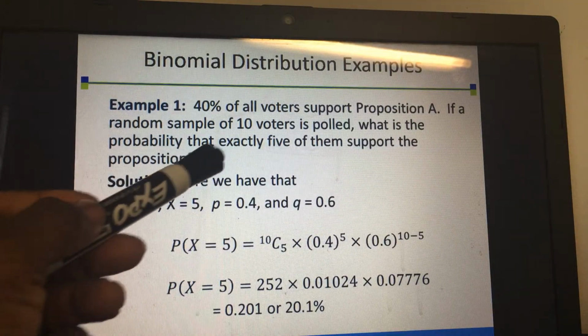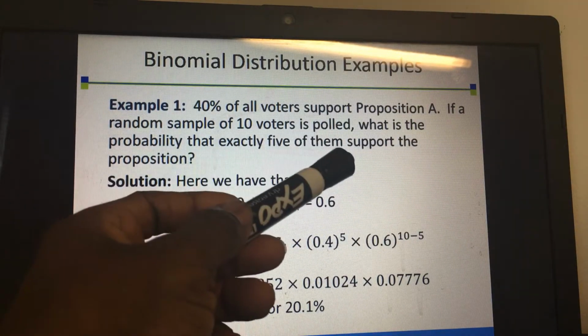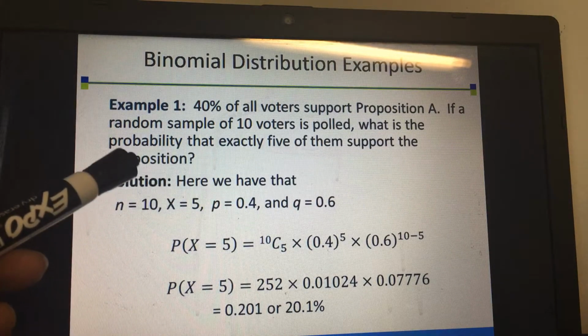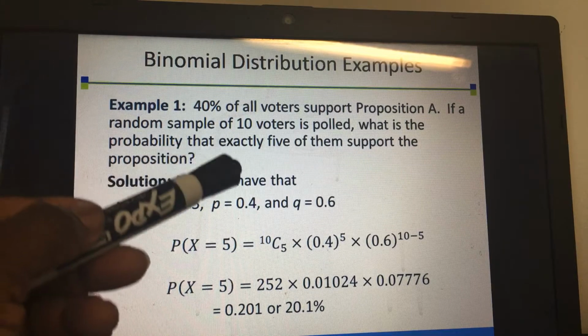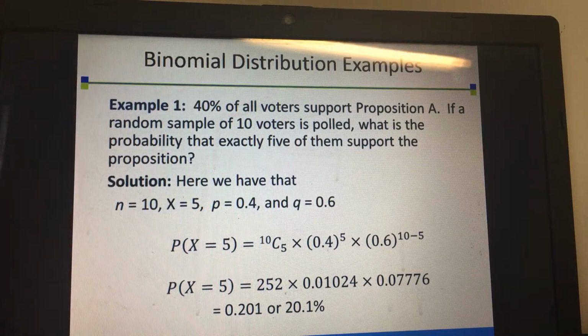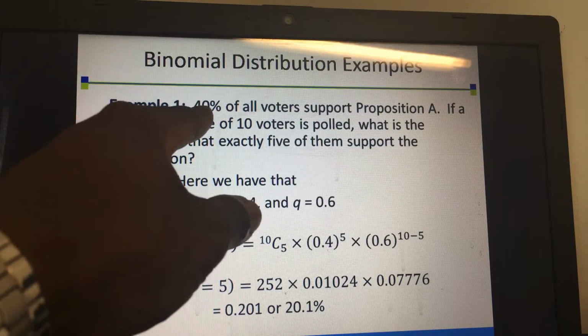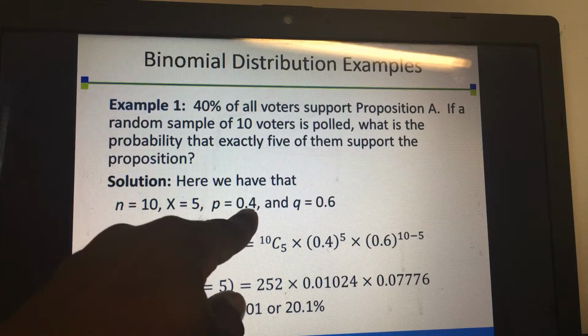If a random sample of 10 voters is polled, what is the probability that exactly 5 of them support proposition A? All right, let us go step by step. How many percent support it? It's 40%, so our P is 0.4.